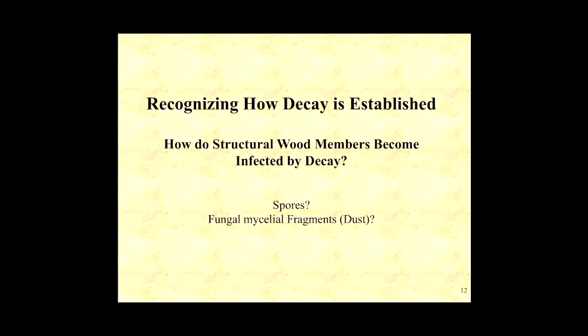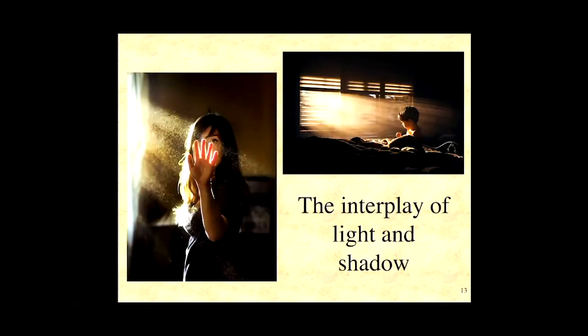How is it established, and how do structural members at least start to become decayed? How does the initiation of decay occur? Well, generally it's through fungal spores, or it can be just through broken off little bits of those fungal mycelial fragments. So things at the micron level that are floating through air, and which you're breathing right now, whether you know it or not.